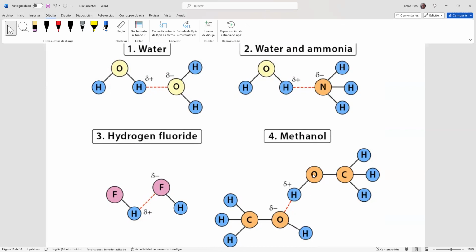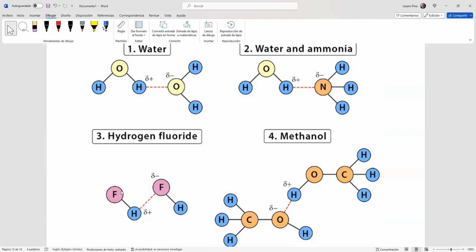That's why alcohols in general, especially the ones with lower molecular mass or weight, can be dissolved in water more easily than other compounds that have no hydrogen bonds. For example, water can dissolve ammonia better because they are polar and because they have an attraction between them.